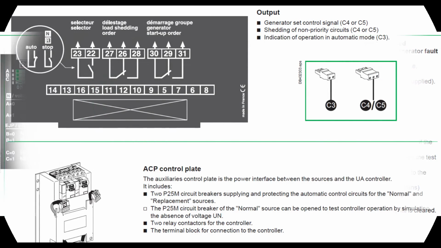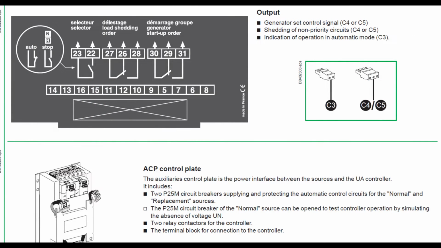Here we can see outputs of controller can be used for first, generator set control signal, second, shedding of non-priority circuits, and third, indication of operation in automatic mode. To be precise, we can say 23 and 22 can be used for operation in automatic mode.